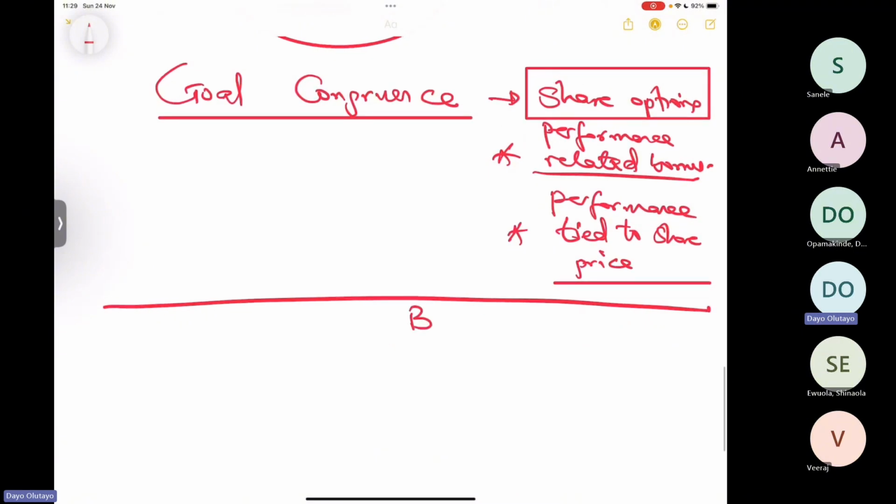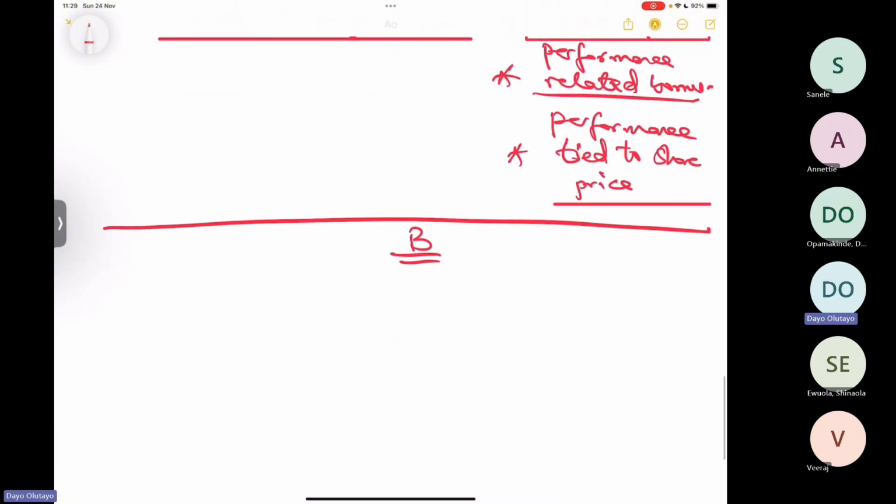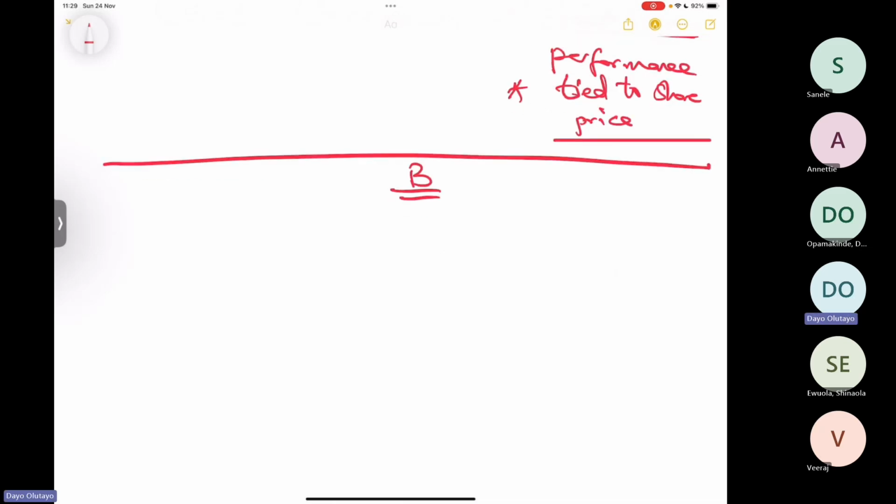Let's look at B. B is looking at your environment, the economic environment. And the most important thing you need to understand is that every government has the objective of achieving a steady economic growth.